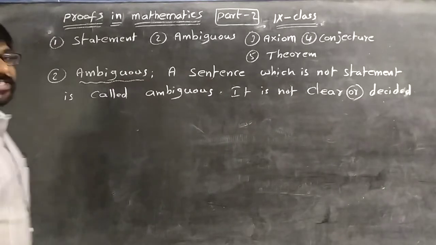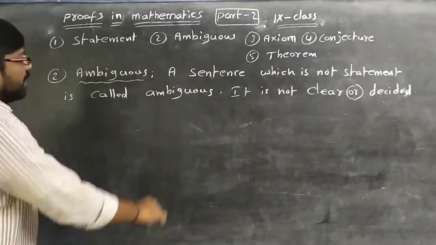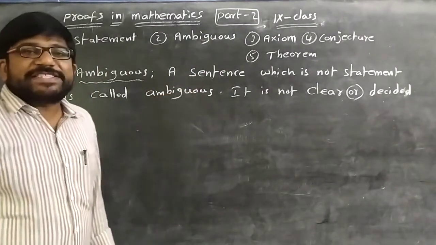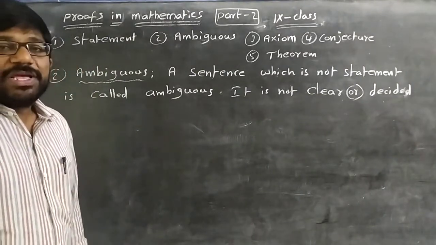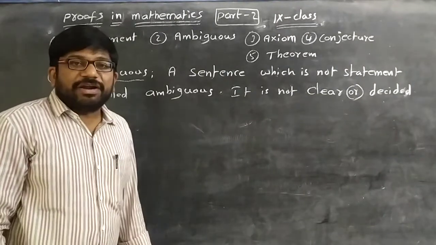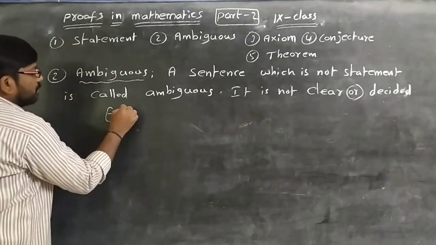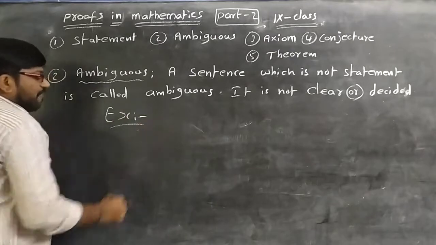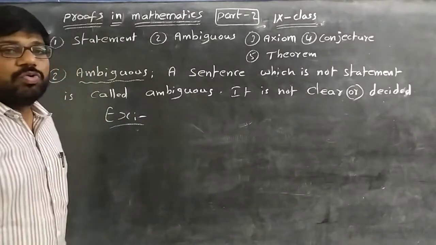Let's go for the next definition, ambiguous. Observe carefully. A sentence which is not a statement is called ambiguous. It is not clear and not decided. For example, where are you going?